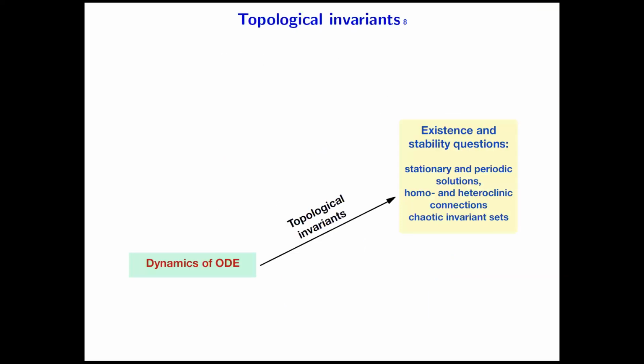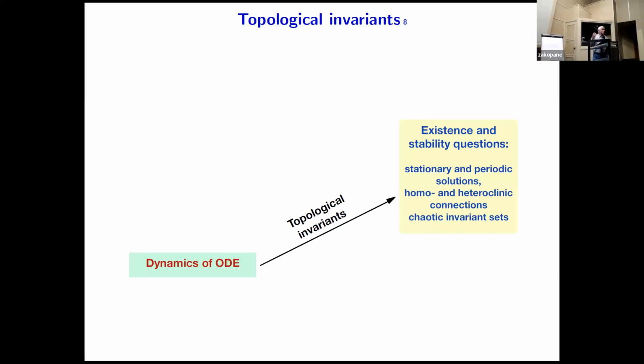Okay, so this was just an example of a topological invariant. There are many others used in topological dynamics, like the fixed point index, topological degree, connection matrices, which is a sophisticated algebraic concept built on top of the Conley theory.